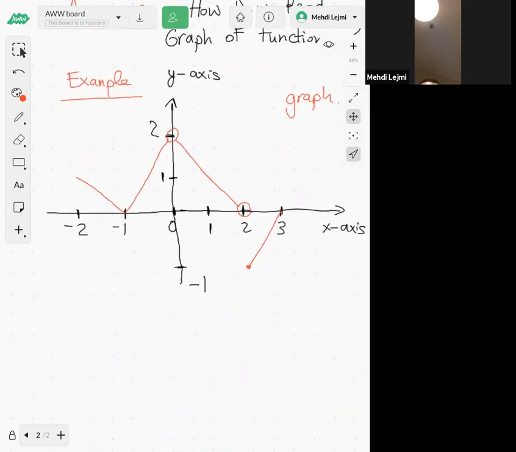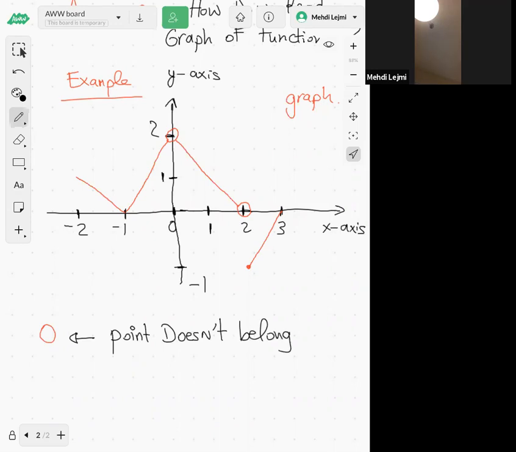There are these empty circles, guys, right? When you have an empty circle on a graph, it means that this point actually does not belong to the graph.